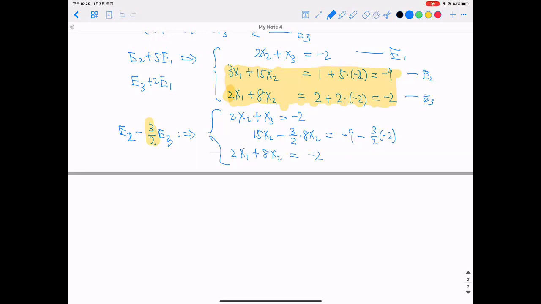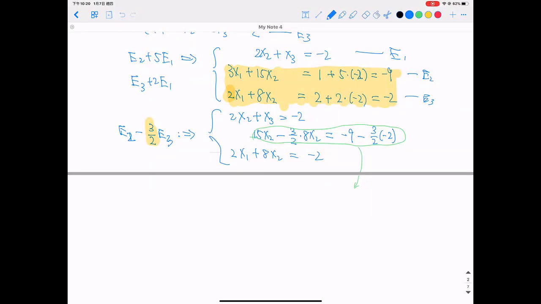What do I want to do? Hold on. This whole thing gets simplified to, oops. What is this?